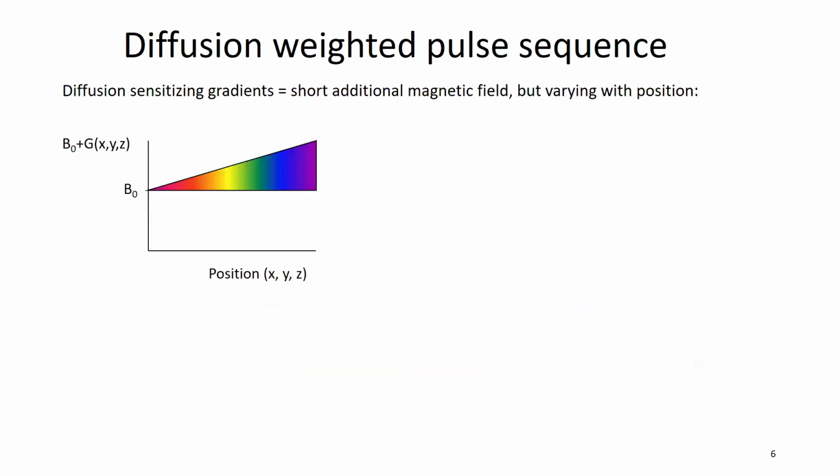Well, first about these diffusion sensitizing gradients. A gradient in MRI is an additional magnetic field which varies with position. Typically you have one magnetic field. What is the typical field strength that you can measure?